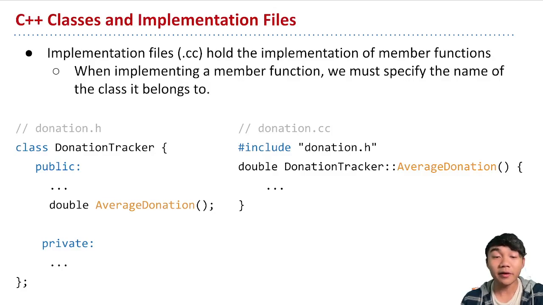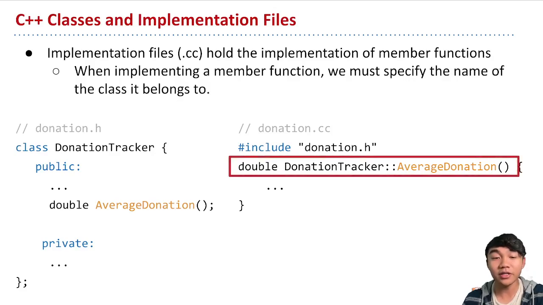When we implement it, we have to specify the name of the class, which is the DonationTracker class. So we have DonationTracker and then 2 colons followed by the name of the function that we're implementing. Essentially, this tells the compiler that this AverageDonation function belongs to the DonationTracker class.